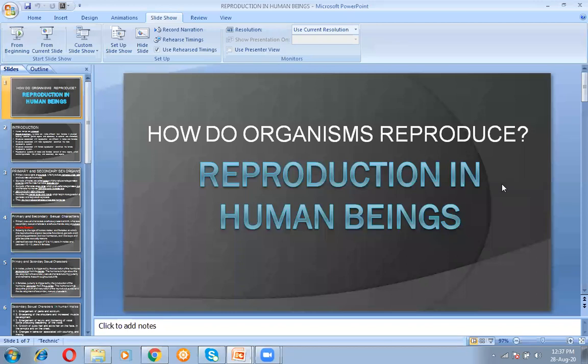So why is it happening? It is all because of the hormones. Note down two hormones here, because we have skipped the previous chapter, control and coordination. One is the male hormone and one is the female hormone, which are responsible for these changes.